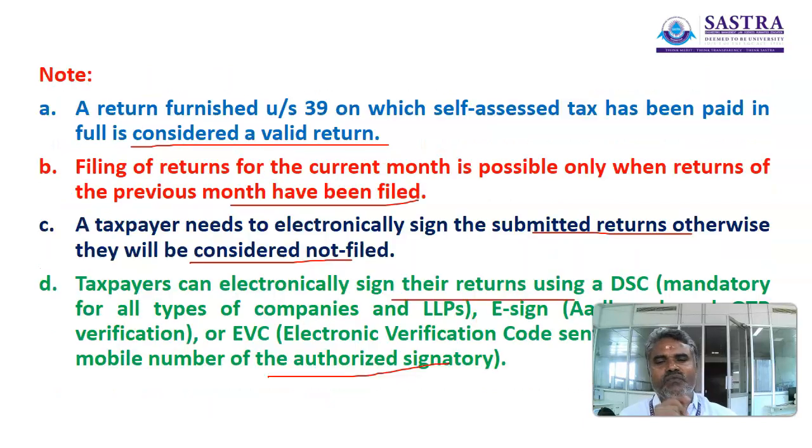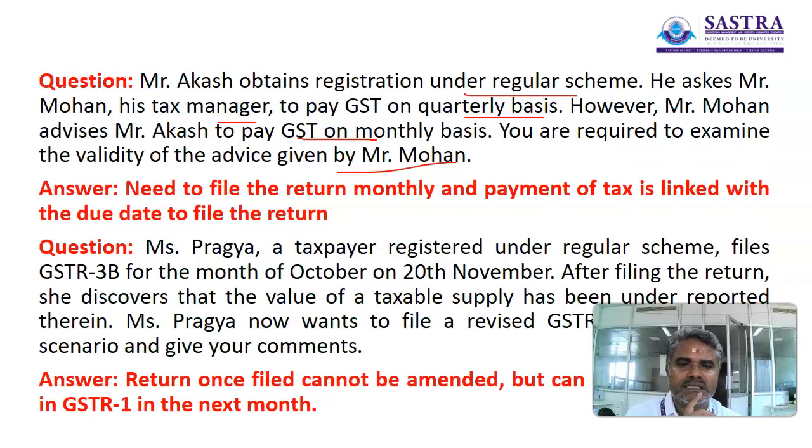So, once you run a business on regular basis, you have to file the monthly return, not wait for quarterly return. You have to file monthly return, and quarterly return also you have to file. But before filing the quarterly return, you have to file the monthly return first. Okay. This is the advice. I think it's a correct advice.